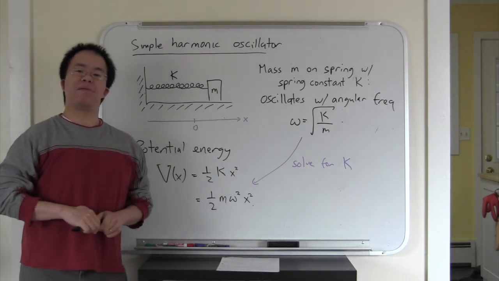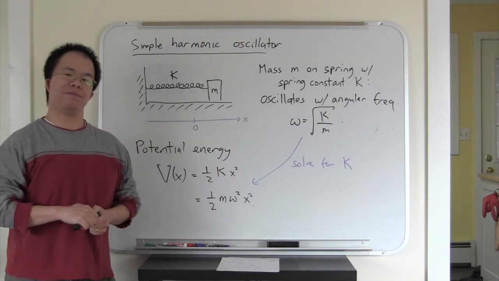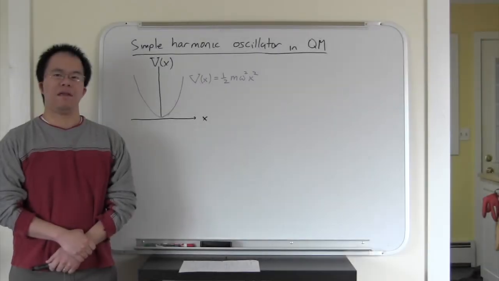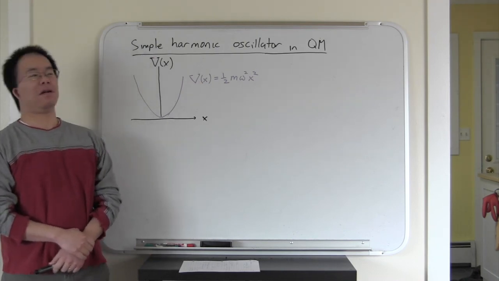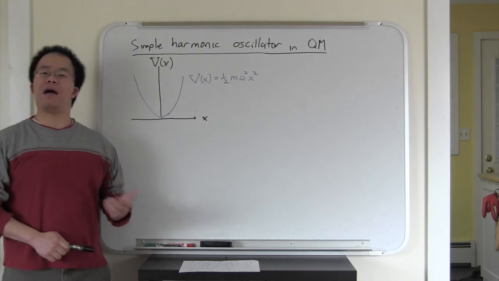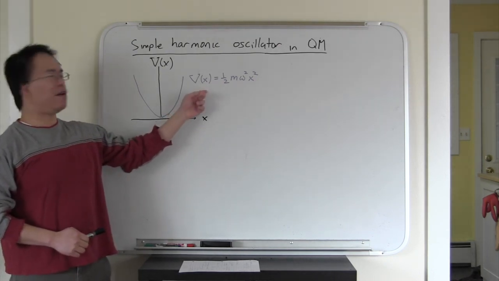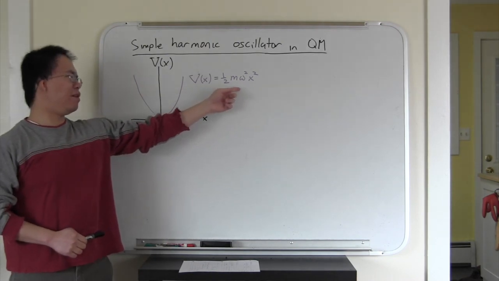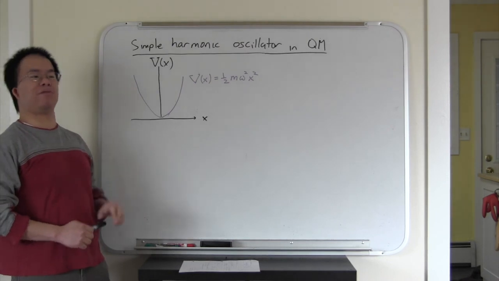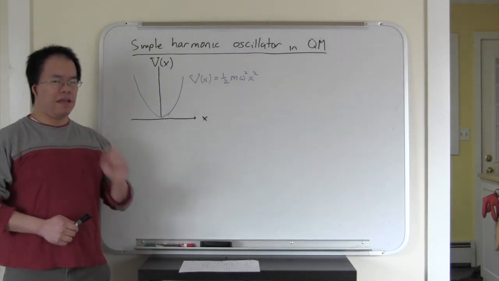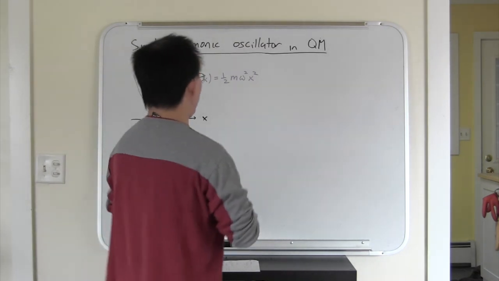So let me erase the board, and then we'll think about what this means in quantum mechanics. In the quantum mechanical version of the simple harmonic oscillator, the goal is to solve the time-independent Schrödinger equation for the following potential energy, namely one that is quadratic in x, and I've sketched it for you here. Namely, what we have to do is to solve the following.